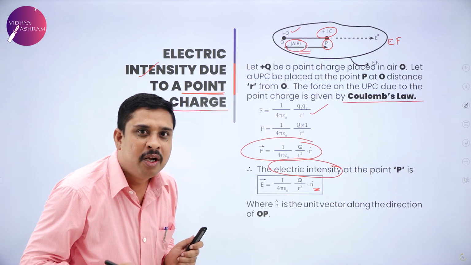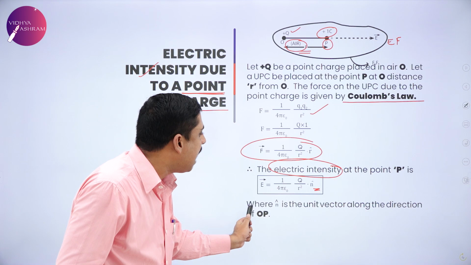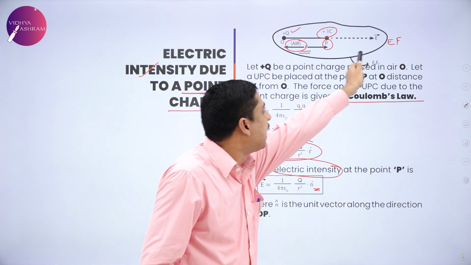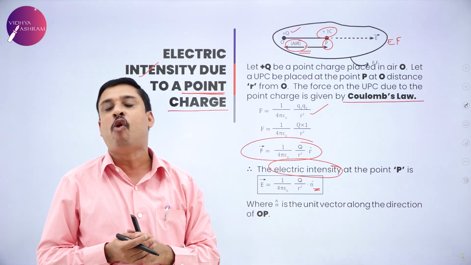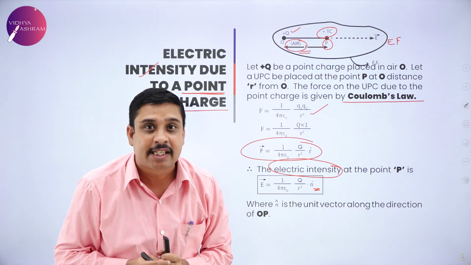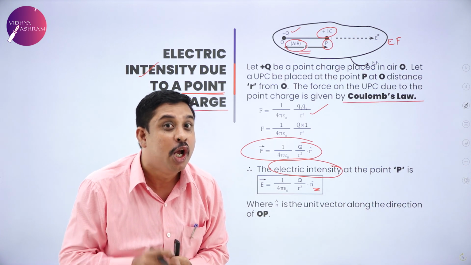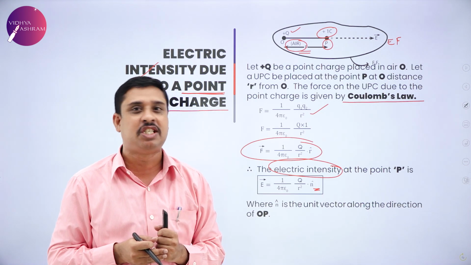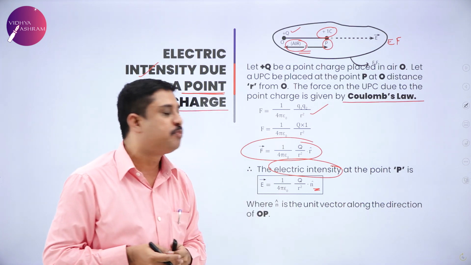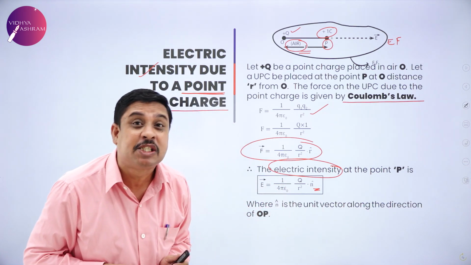Why n cap? Make it vectorial on both sides. N cap is the unit vector which is acting along the direction of OP. So what is important for me is the expression for electric intensity due to a point charge, which is 1 by 4 pi epsilon naught Q divided by R square.